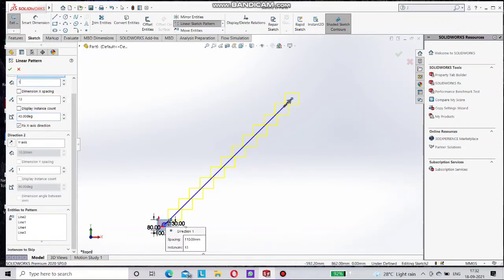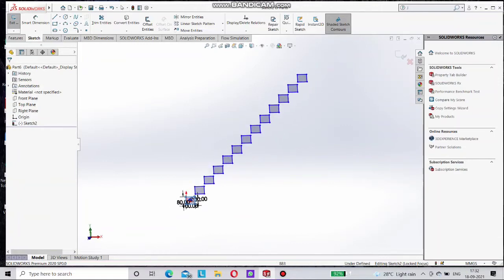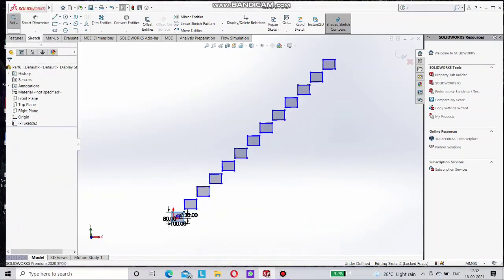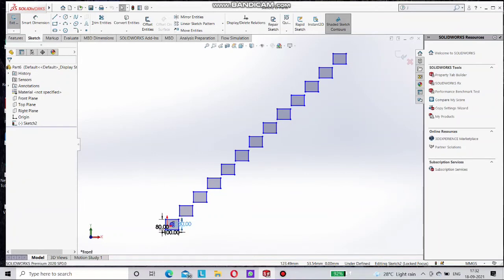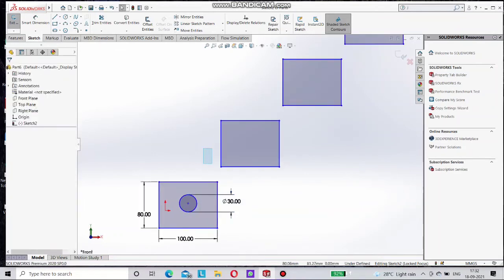I have to just increase the distance for better understanding, so you can clearly visible on screen. Like this, you can make any pattern in any direction. I have to delete all this first for next.